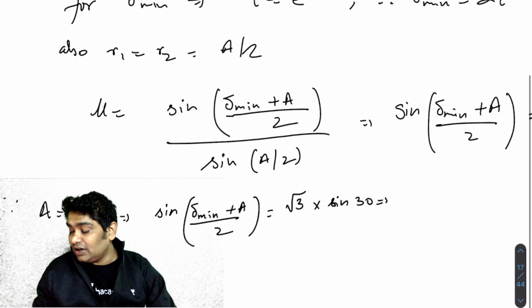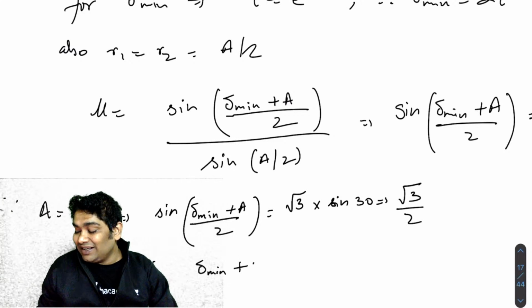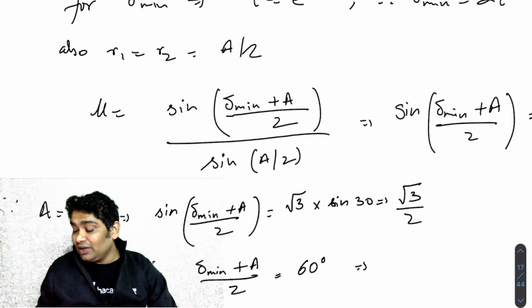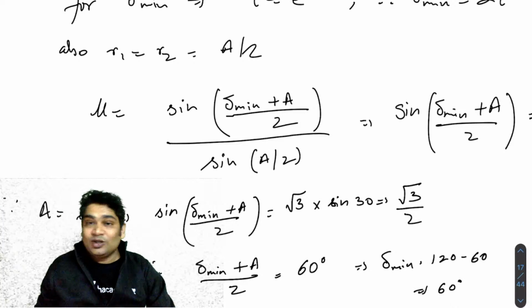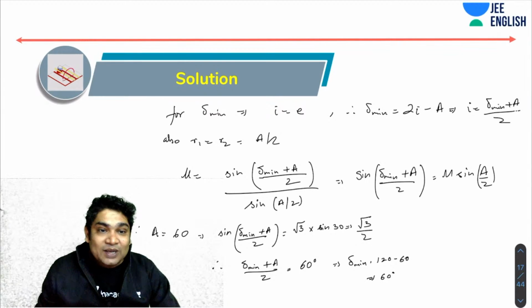Okay, so which is root 3 by 2. Therefore, what I can say is delta min plus A by 2 equals 60 degrees. And from here, I can get that delta min is equal to 120 minus 60, which is in fact 60 degrees. Okay, so yes, 60 degrees is the correct answer for your minimum delta.